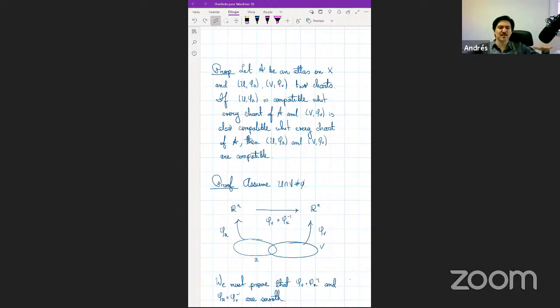Pero por alguna razón tengo dos cartas que son compatibles con todas. Entonces las puedo anexar y generar un nuevo atlas. Va a tener dos elementos más, ¿de acuerdo? Porque ya sé que U es compatible con todas las cartas de A, B es compatible con todas las cartas de A también, y además ya sabemos que U y B son compatibles.